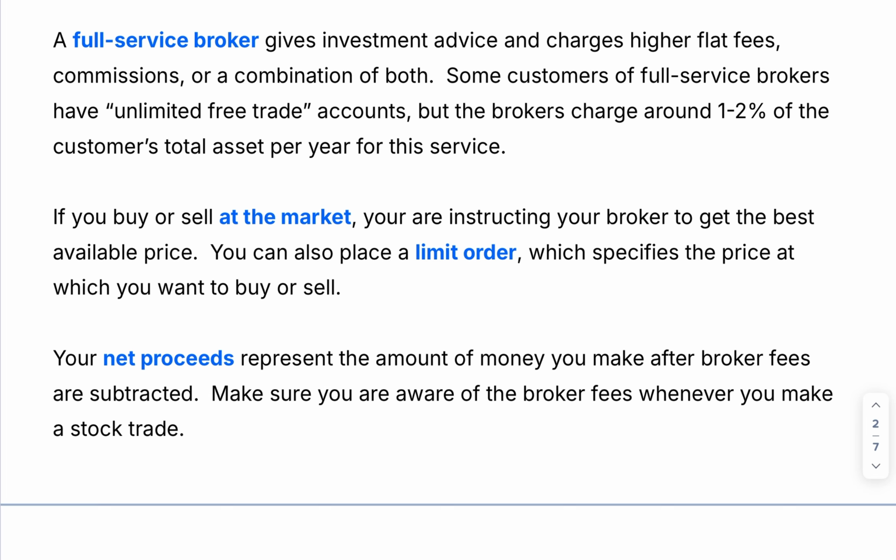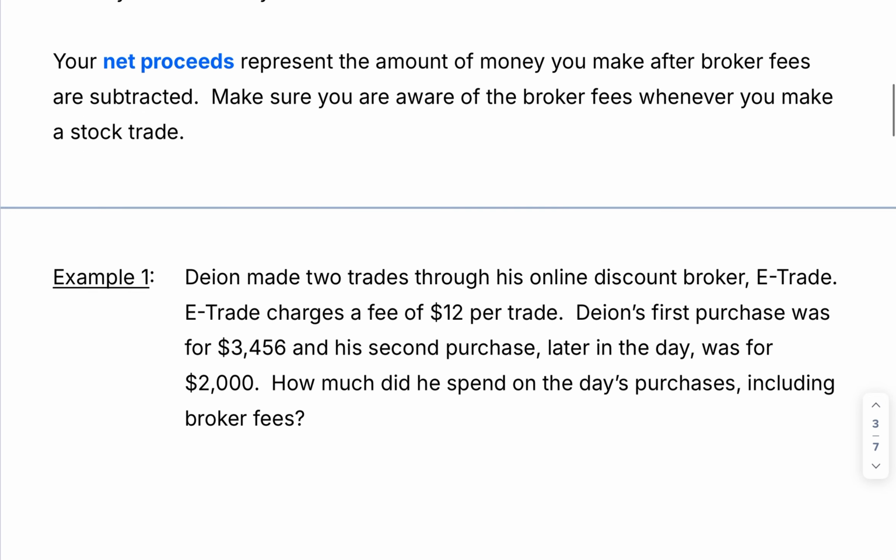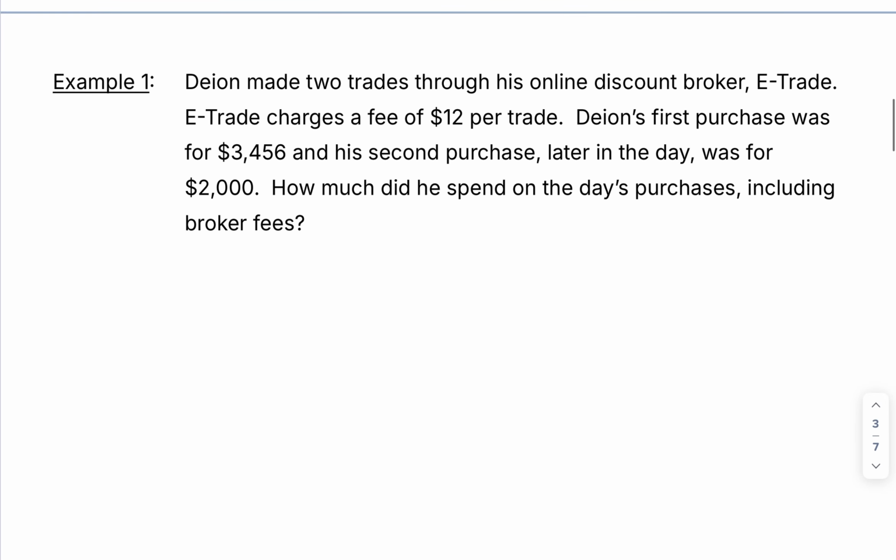Okay, so let's take a look at the next couple of examples. I think I have 3 examples here to help you quantify and understand the numbers and the calculations that go on during buying and selling of stocks. Okay, so in example 1, we have Dion makes 2 trades through his online discount broker, E-Trade.